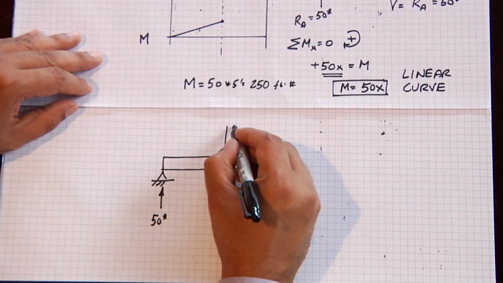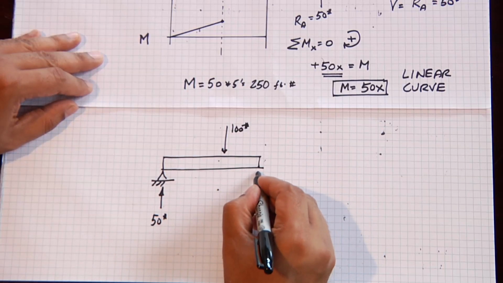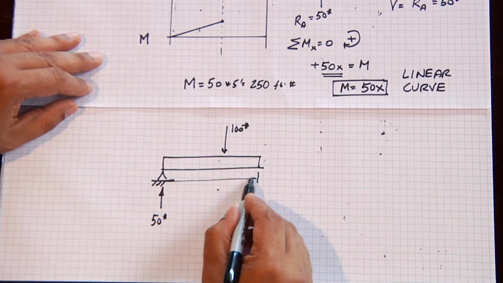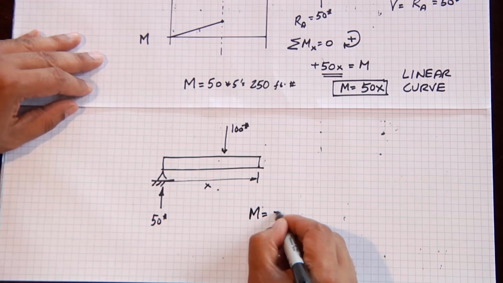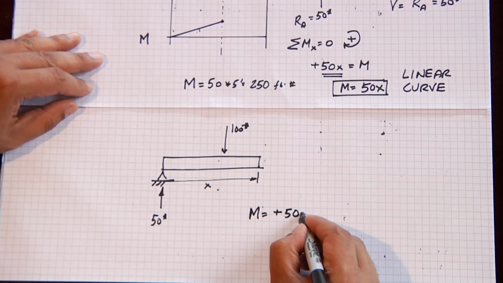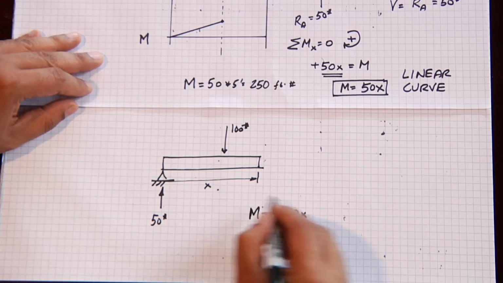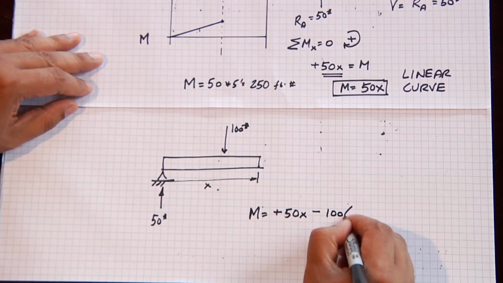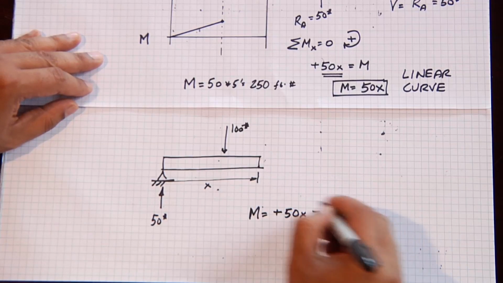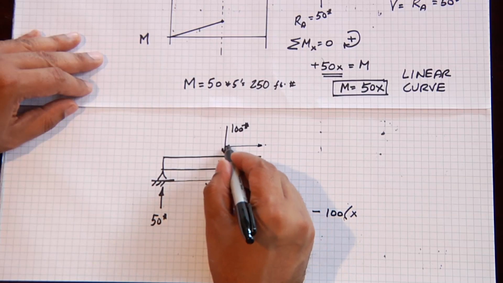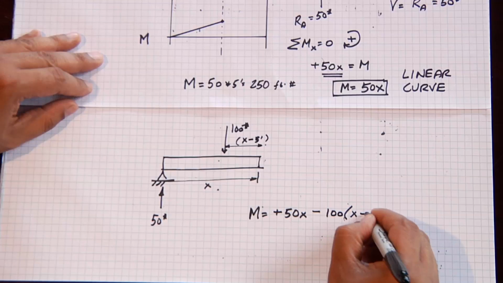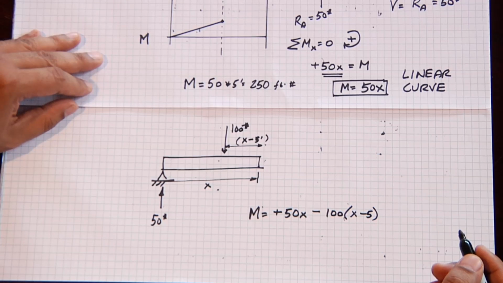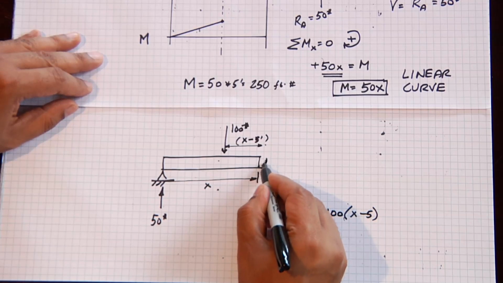We have our downward force of 100 pounds, but now x is over here past the center point, and so our moment is plus 50x minus 100 times x minus 5, that's times this distance over here, which is x minus 5. This gives us the moment past the center line.